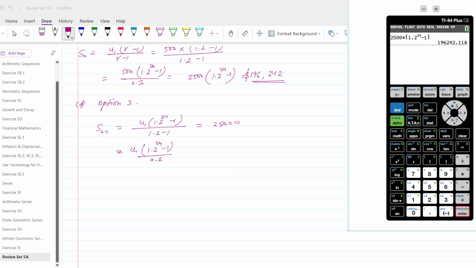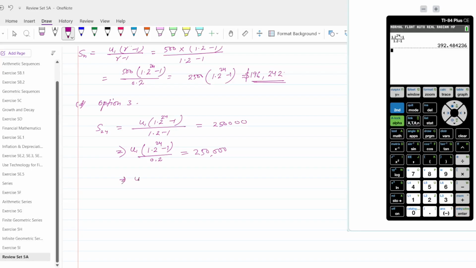So this is 250,000. So we can say 1.2 raised to the power 24 minus 1 divided by 1.2 minus 1 is 392.48.